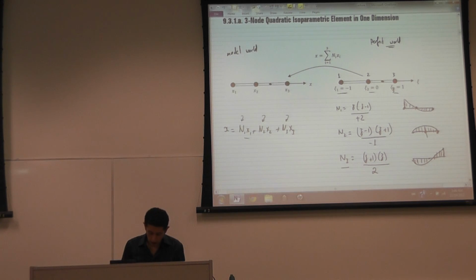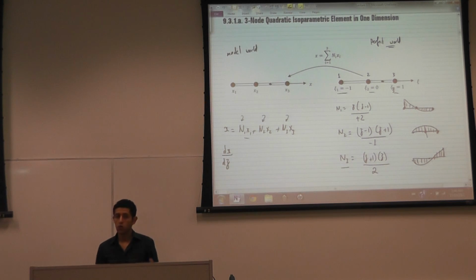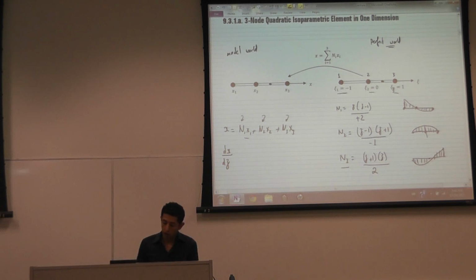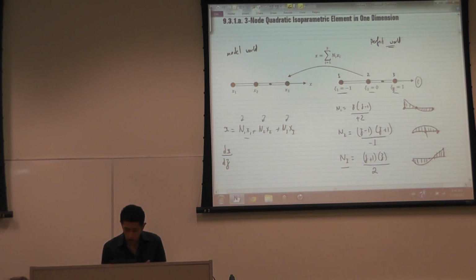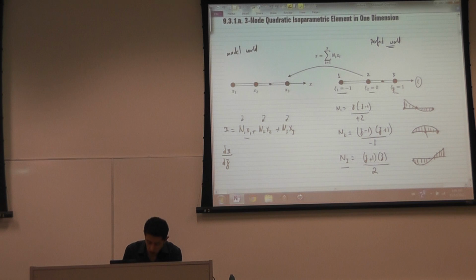Now, we're also interested in dx, because we're doing integration over small dx, and now we want to do the integration over d xi, so we're interested in dx by d xi.